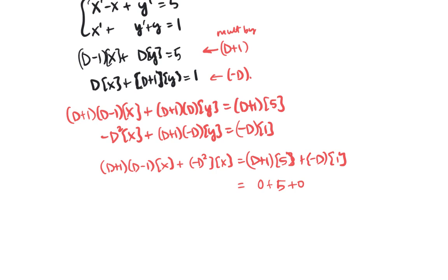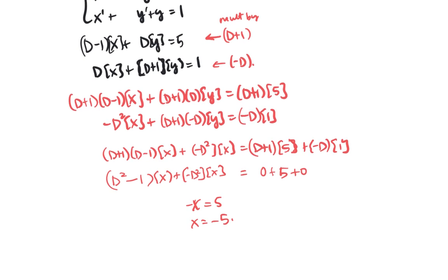So by the time I combine these two, I'll have d squared minus 1 x plus negative d squared x. So I'm going to end up getting just a negative 1 times x. So it'll be negative x equals 5, so x equals negative 5.